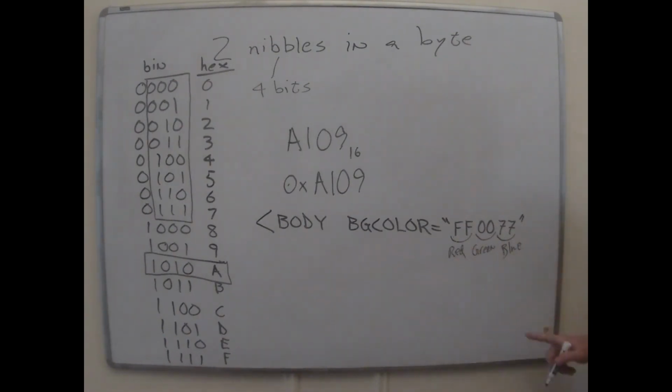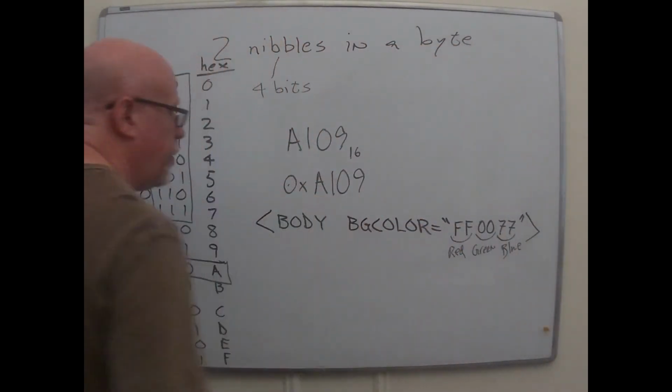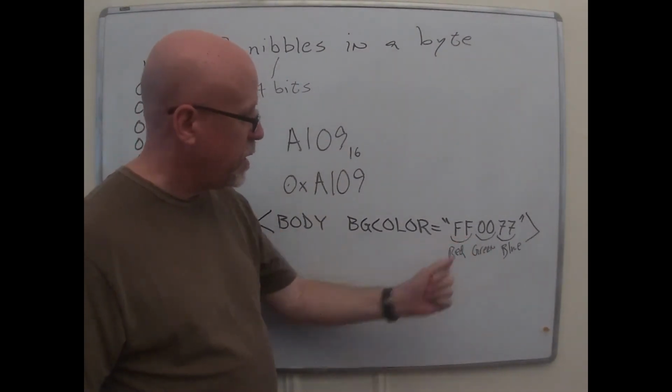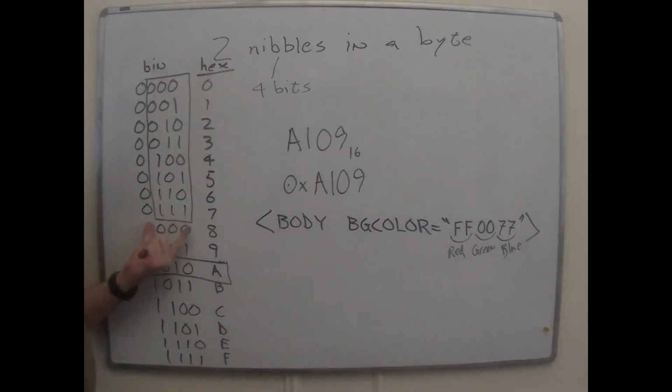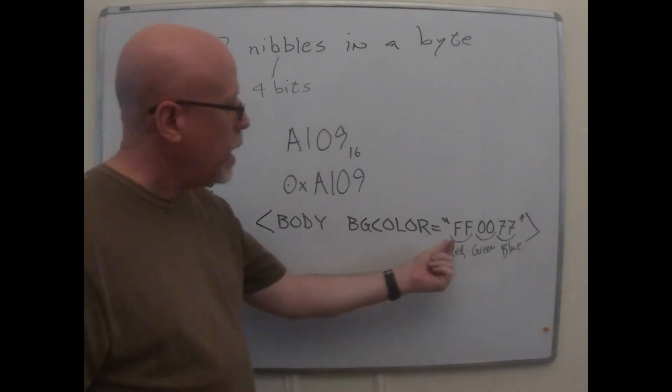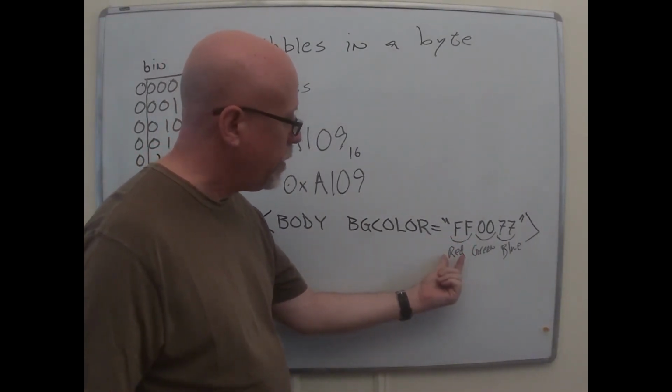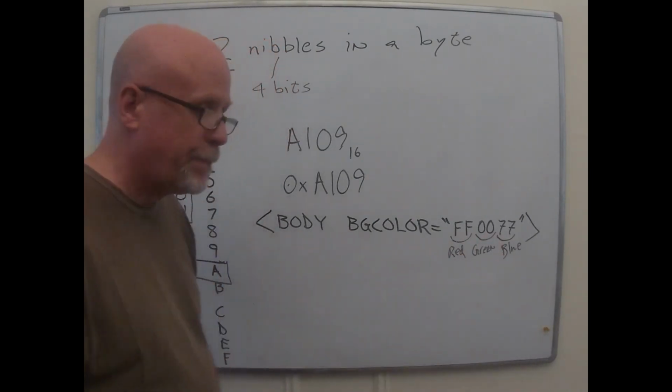A mix of red and blue, more red than blue, so this would be a reddish purple shade. That's a great use of hex, because each of the hexadecimal digits is a binary 4-tuple, in other words a nibble, and each pair of them makes a byte, and we're using a single byte for each of the color intensities.